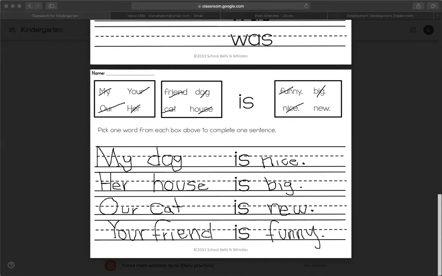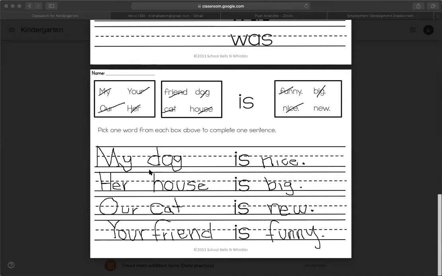My dog is big. Our friend is funny. Your cat is nice.